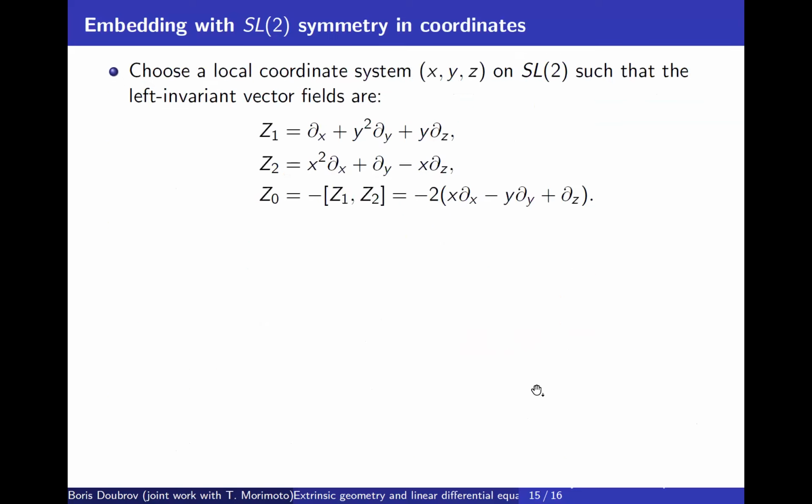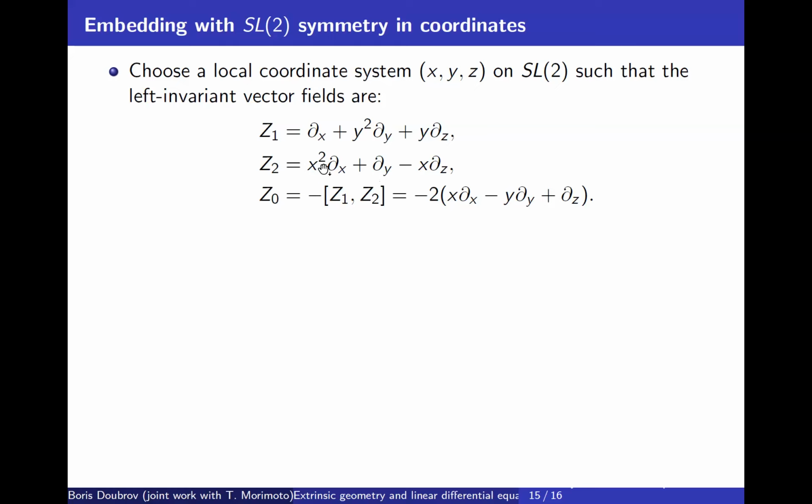Actually, it can be written very explicitly in coordinates as well. So we can choose a local coordinate system X, Y, Z on the SL2. It's a carefully chosen system in which left invariant vector fields look like this. It's chosen such that you can swap X and Y, and it's kind of a swapping of Z1 and Z2.